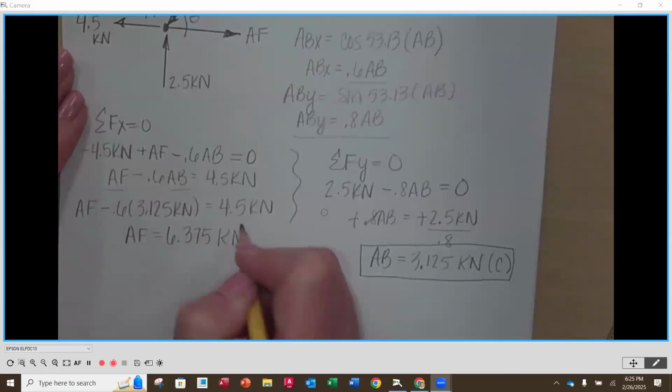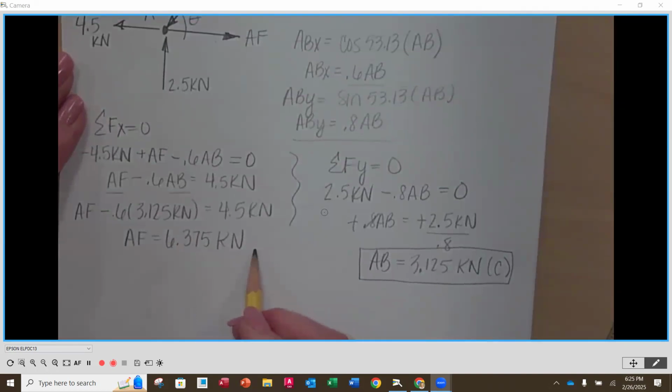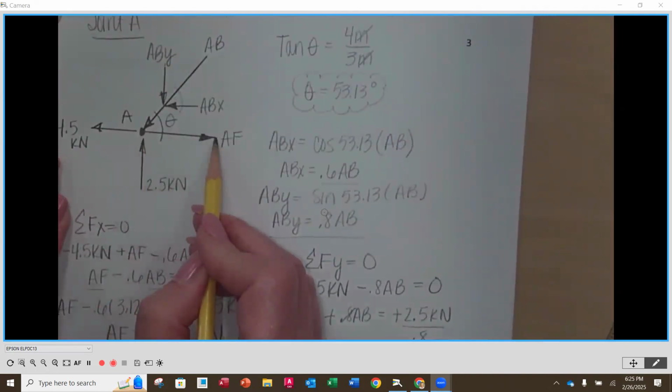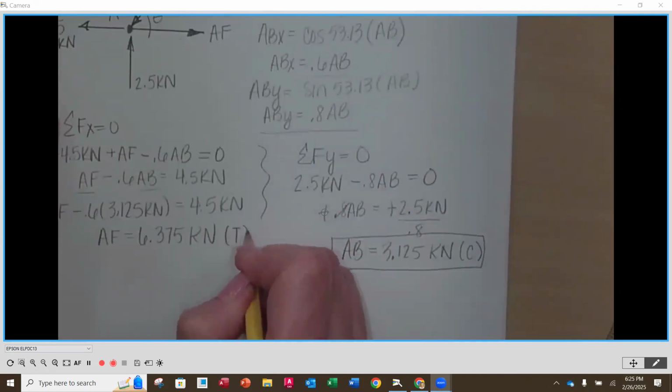Hold the 3 decimal places, 6.375. Resist the urge to round it to 6.38, okay? Hold that extra decimal place. And that's going to be kilonewtons. Now, we need to identify if this is in tension or compression. Notice that AF is pulling away from the joint, so this is going to be in tension.